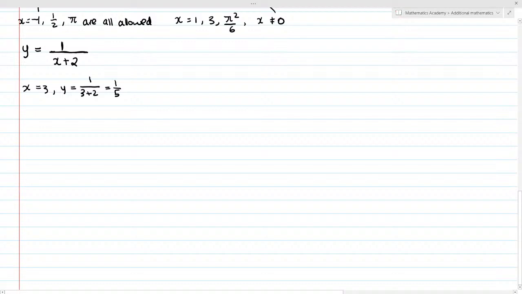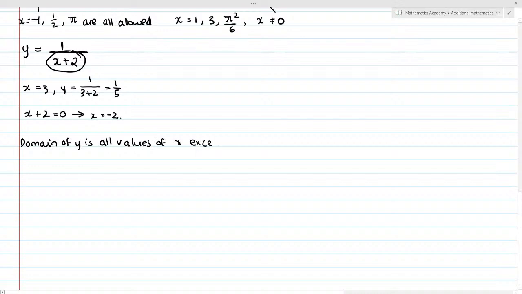And what's that value? Well, I can test it directly. I just take this denominator and set it equal to 0 in order to find the value, or values in some cases, of x that give us 1 over 0 for y. And in this case, it's -2. So we say that the domain of y is all values of x except x equals -2.